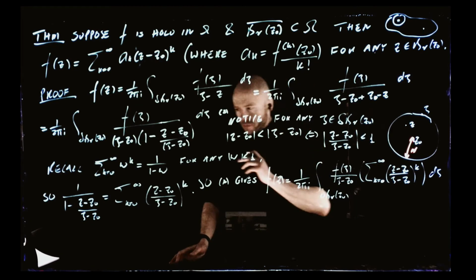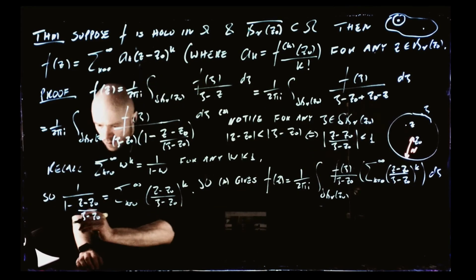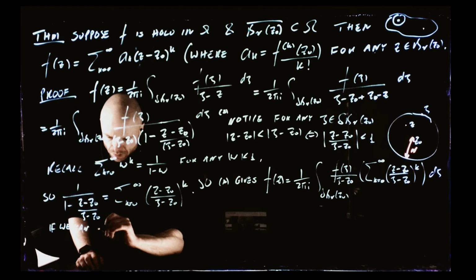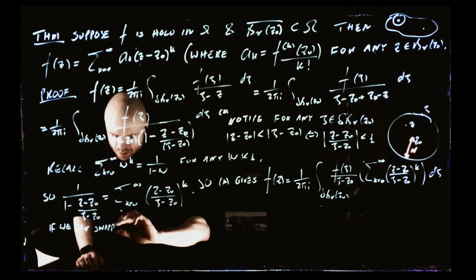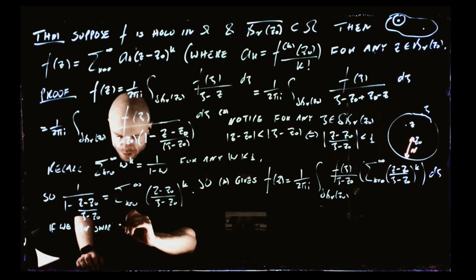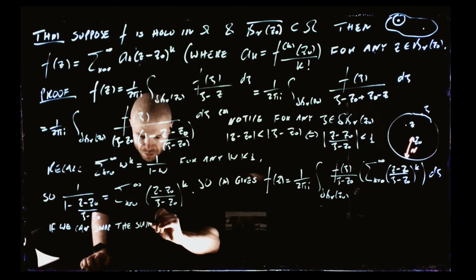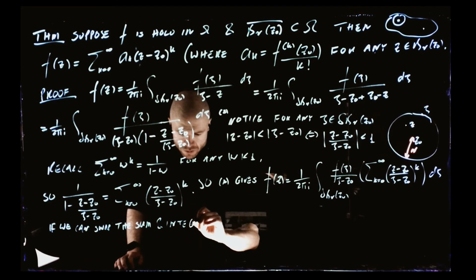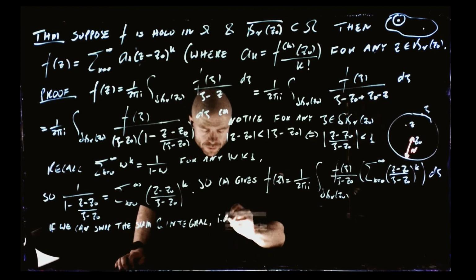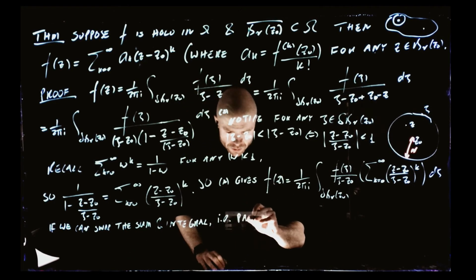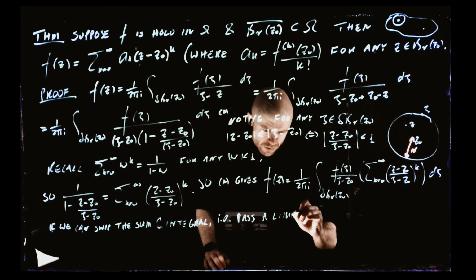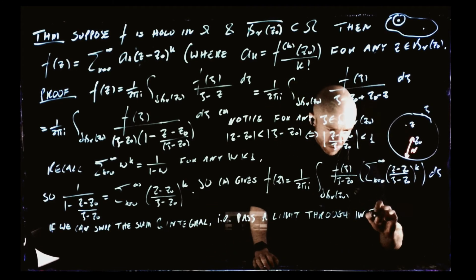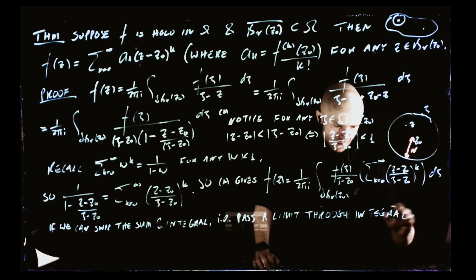Okay, so if we can swap the sum and the integral, i.e. pass the limit through the integral, then what would happen?